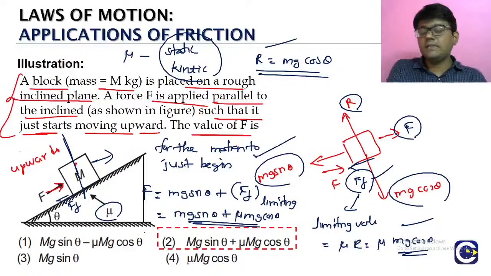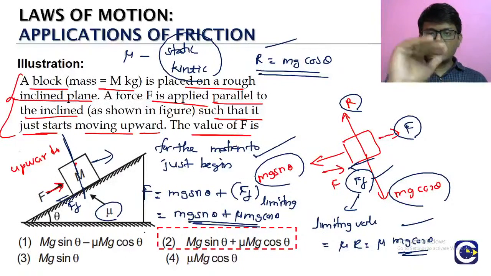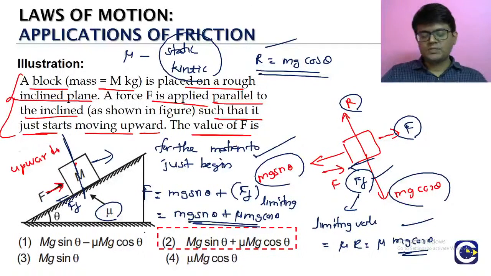As I said, this is a very standard question. People even remember it like this: to move the block up the plane, what is the minimum force required? So this F value is the minimum force required to start moving the block up the plane. What is it? mg sin theta plus mu mg cos theta.